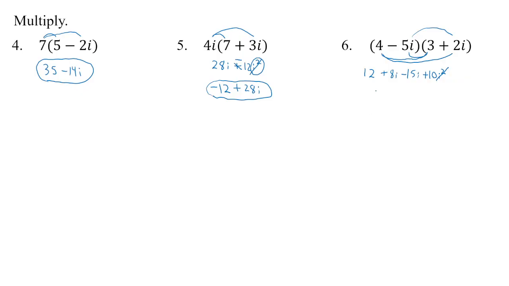So 12 plus 10 is 22. And 8i minus 15i is negative 7i. Therefore, the solution is 22 minus 7i.